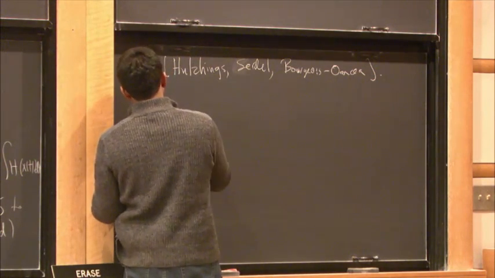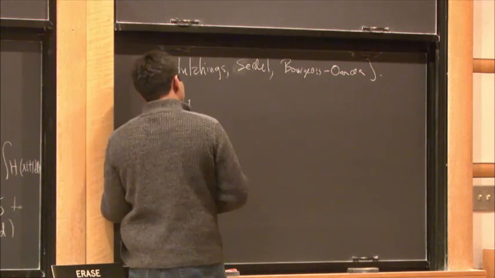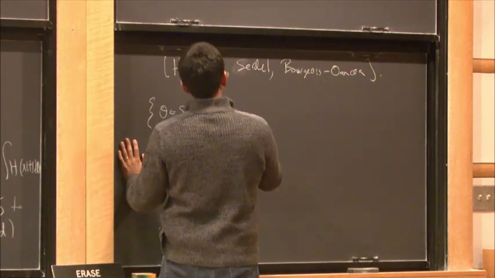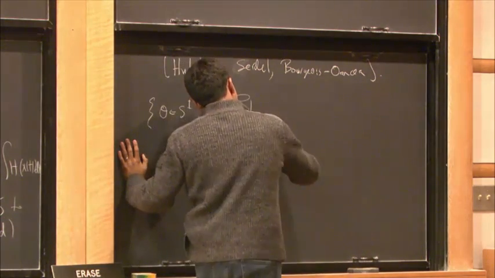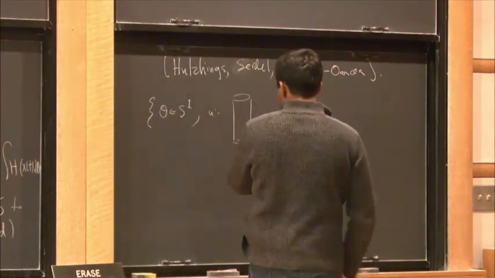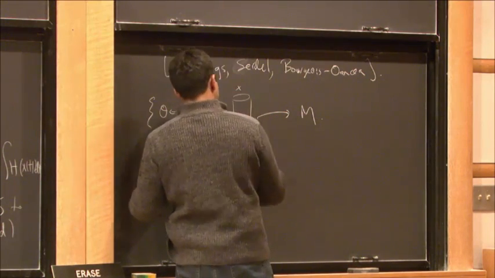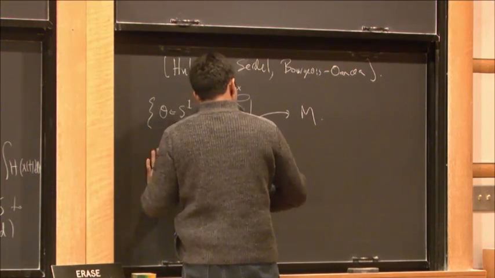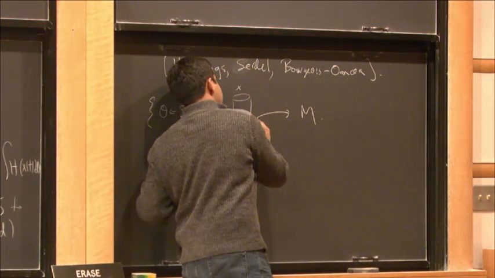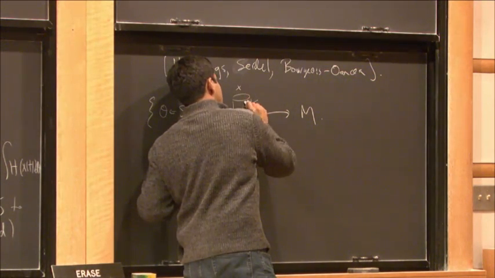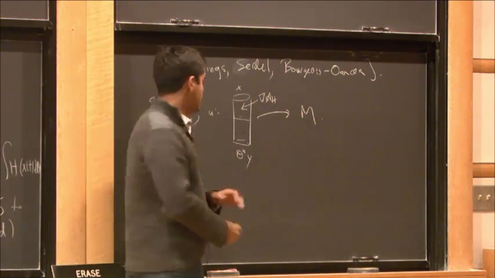Okay, so what is the parameterized moduli space? I'm just going to look at the space of pairs, theta in S1, and u a map from the cylinder into M with asymptotics x and theta pullback of y, satisfying a gradient flow equation in this region for the usual action functional.